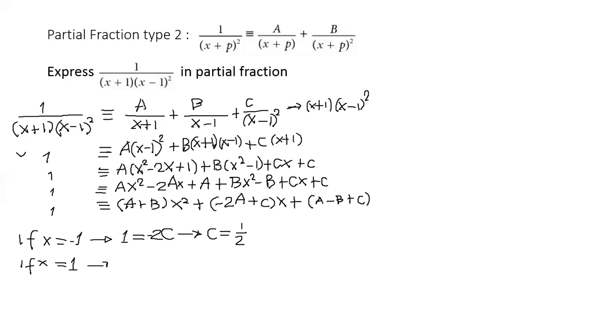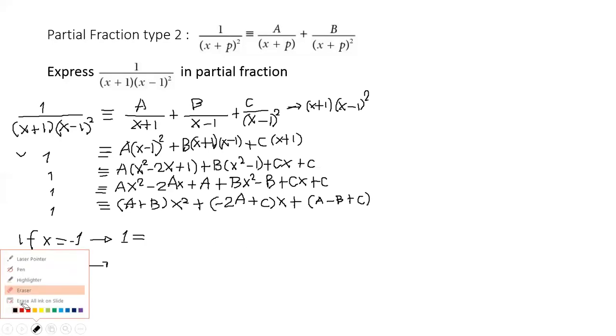Something is wrong. This one, not c. So if x equals negative 1, it means this is negative 2 squared, yeah, 4a. Okay.